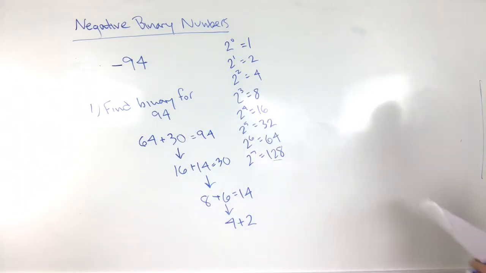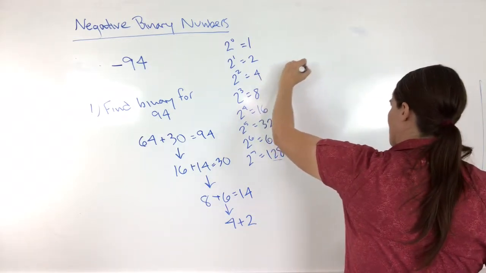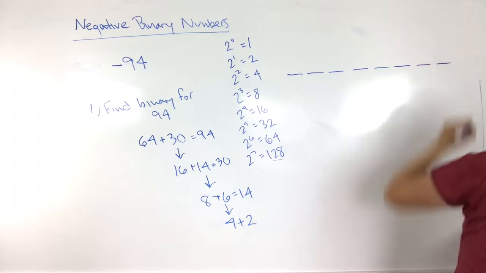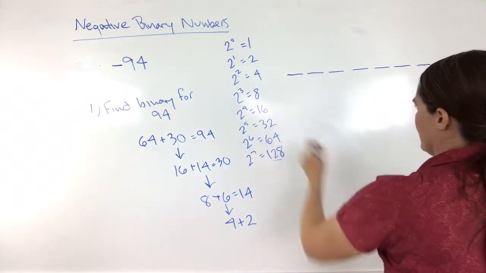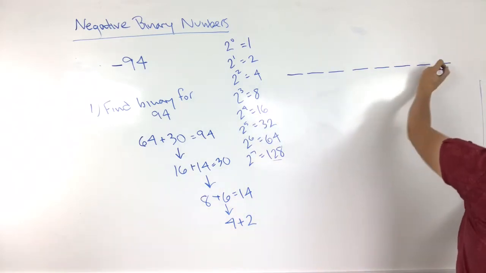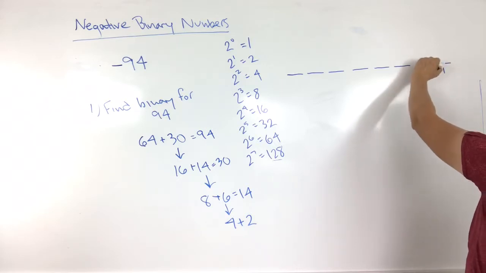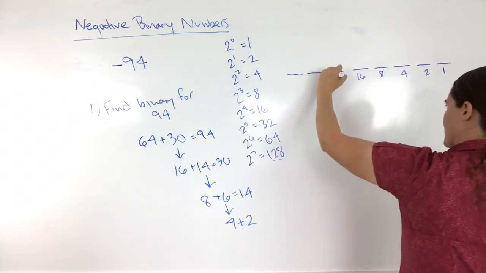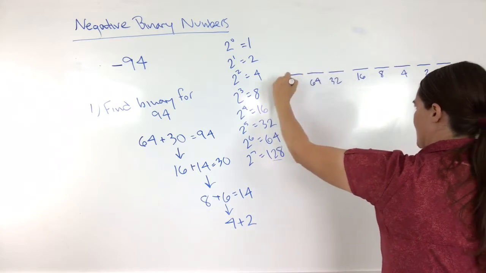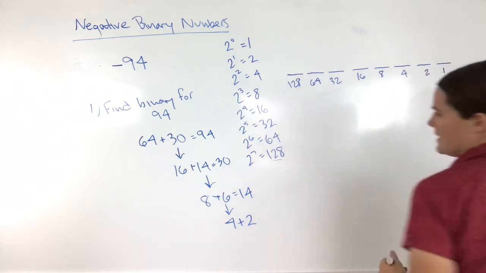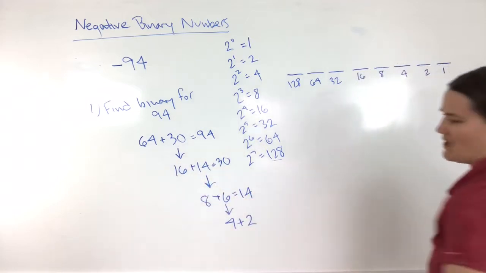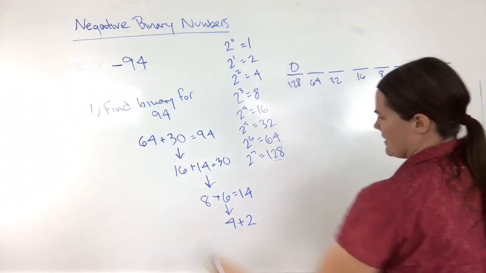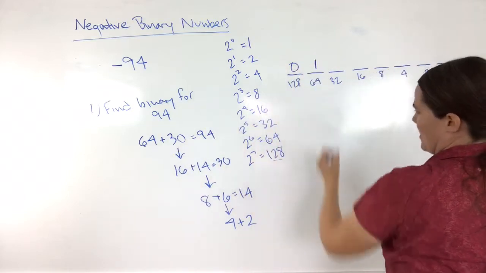And I'm going to assume this number is 8 bits, so 1, 2, 3, 4, 5, 6, 7, 8. And I can just fill in what the different spaces are real quick. So this is 1, 2, 4, 8, 16, 32, 64, and 128. So coming back over to this number, first of all, we don't have a 128, so that's 0. We have a 64, so this is 1.